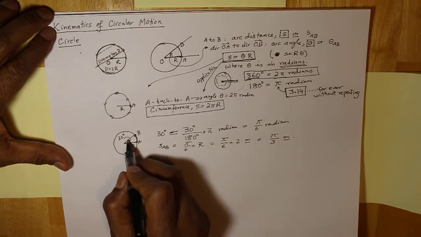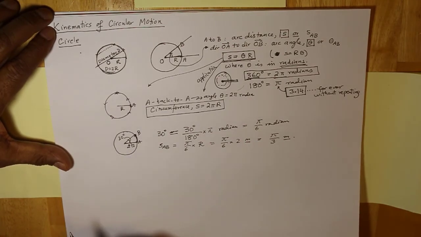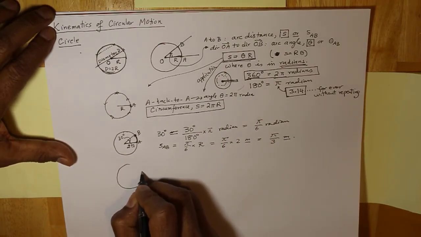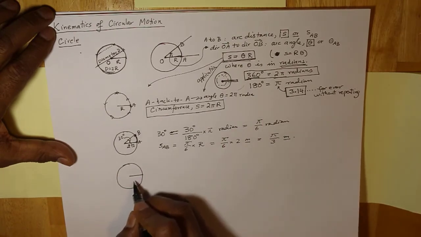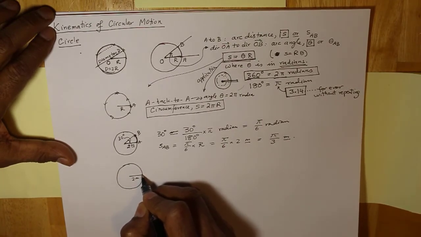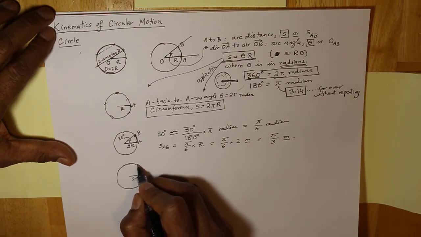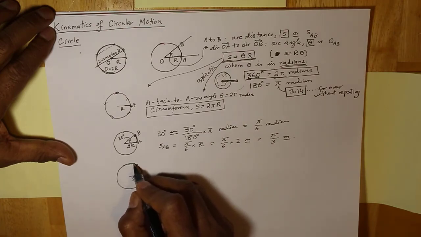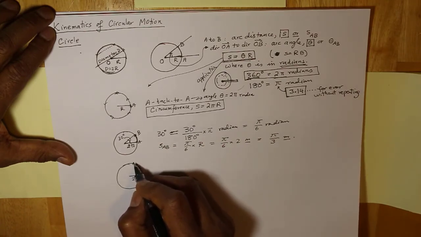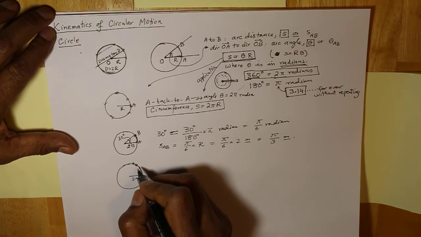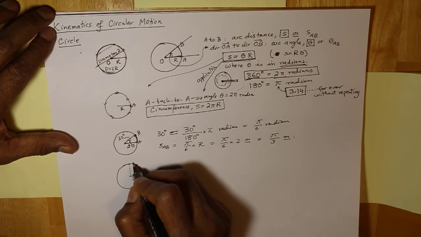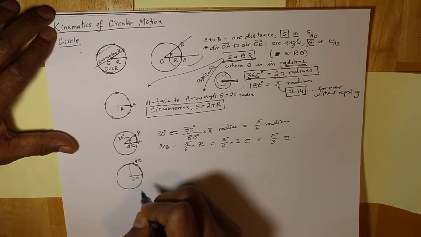Given how much angle you have gone, you can figure out how much distance you covered. You can go the other way too. Suppose you have a circular path of radius 2 meter, and you ran and you went 4 meters on the arc.